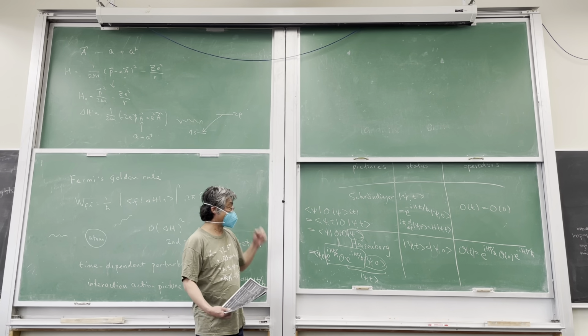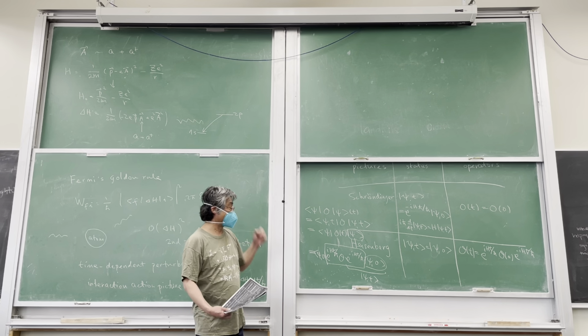And now that the operator depends on time, you can also work out the time dependence of the operator just by differentiating this expression. d/dt, if this derivative hits this one, that pulls out the Hamiltonian in the same way we did that for the Schrödinger picture.